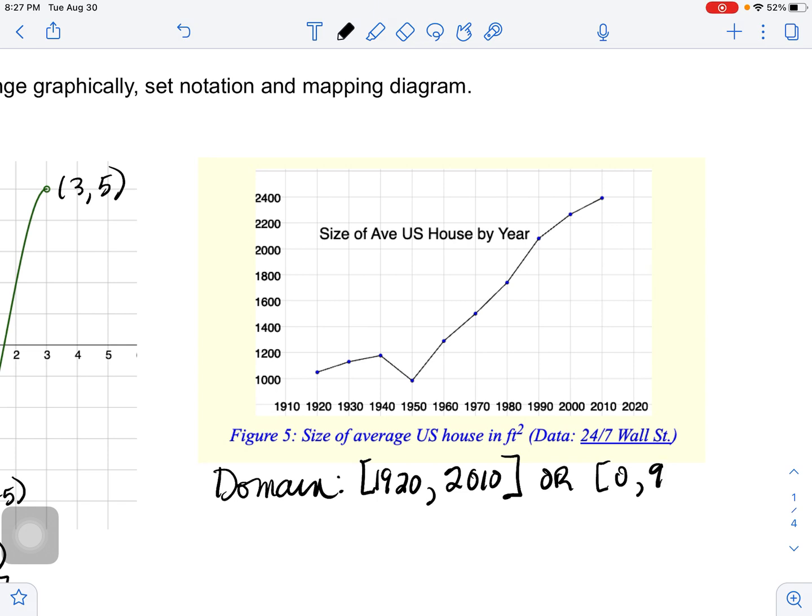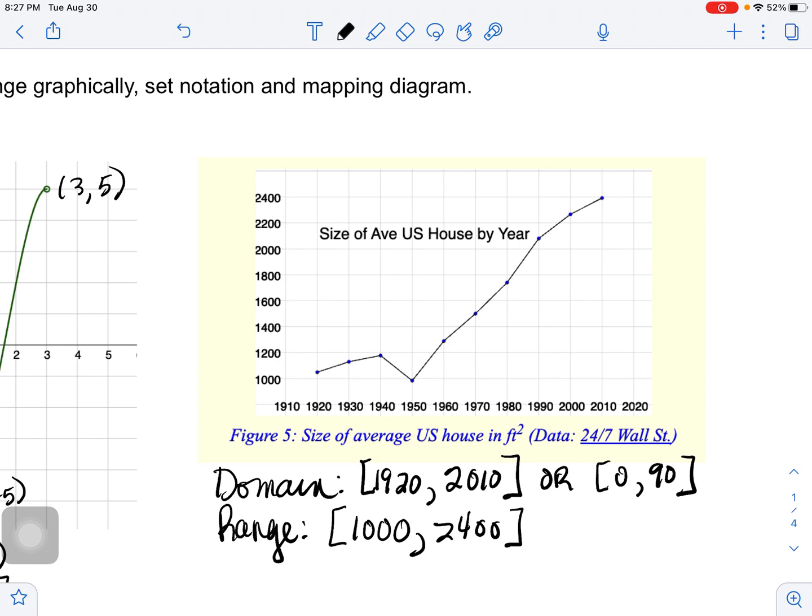That's 90 years. But you would have to indicate that. The range is the square footage of the house. So the square footage of the house ranges from 1,000 square feet up to 2,400 square feet.